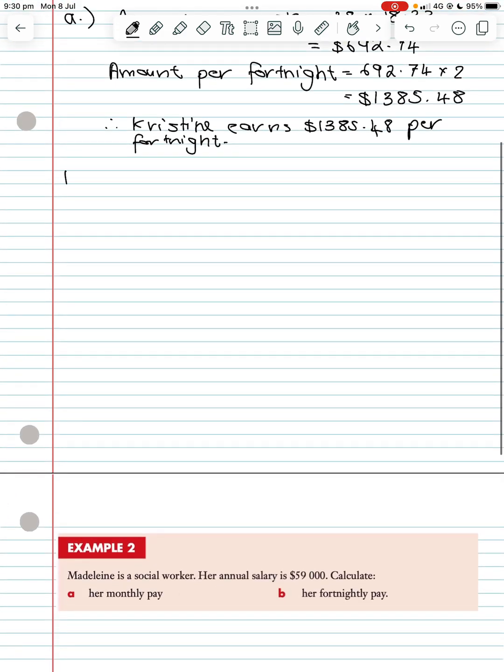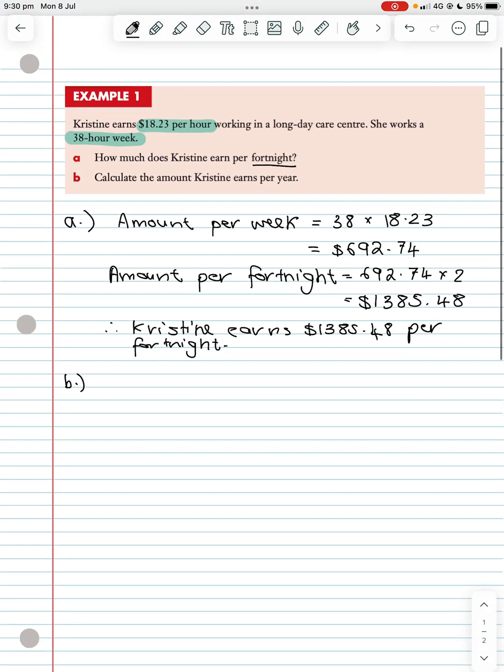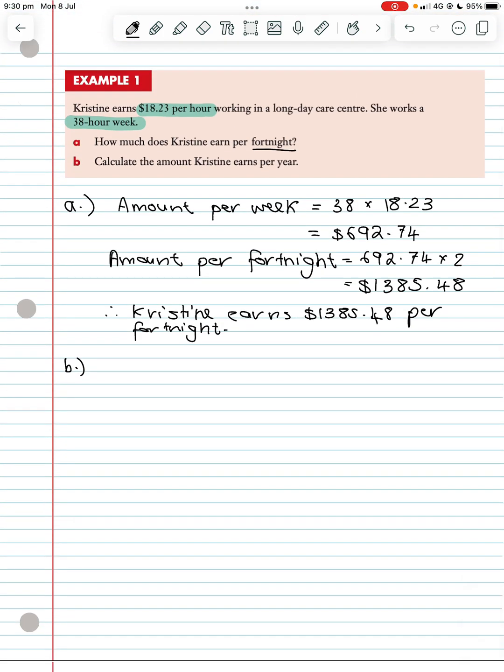Alright, so for part B, what we're being asked is calculate the amount she earns per year. Now, we could do this 2 different ways. We've got here her weekly pay and her fortnightly pay.